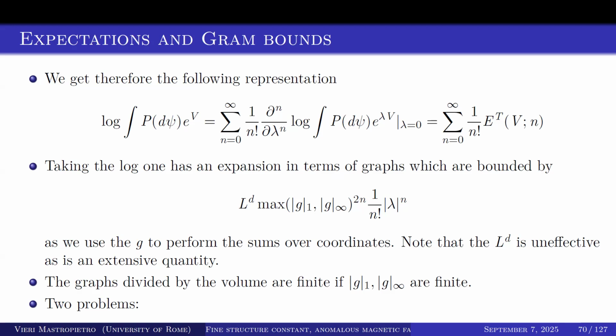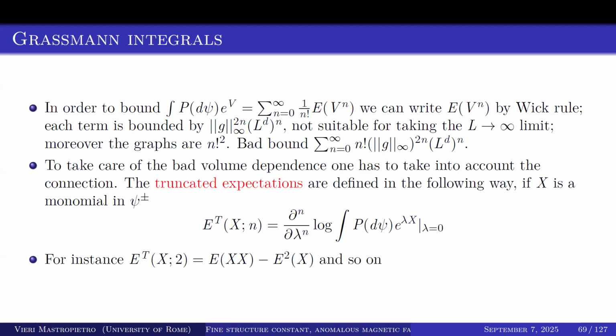In this first bound here, we don't make the G infinity norm, so the integrals are left aside and done alone. But if these terms are all connected, then there is a chain of propagation connecting all these volumes, all these coordinates, and then you can use this G to integrate over the coordinates.